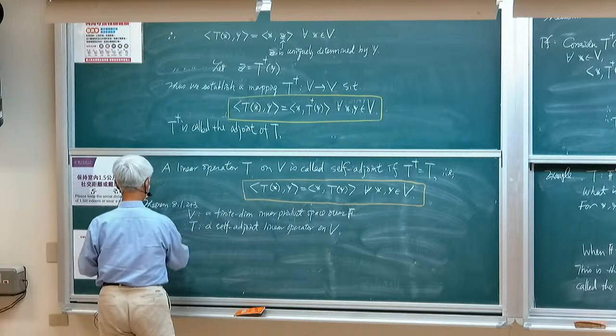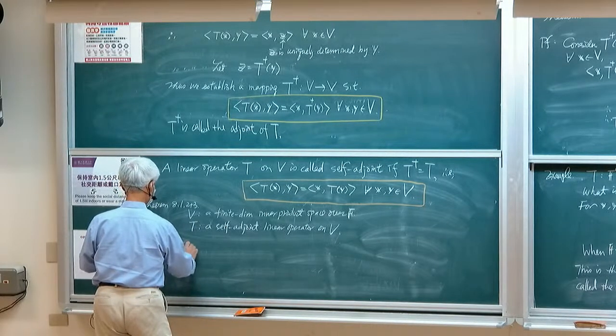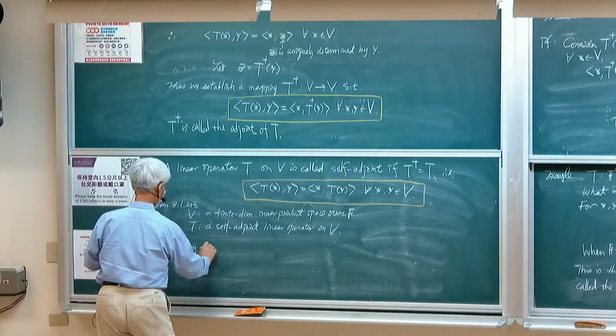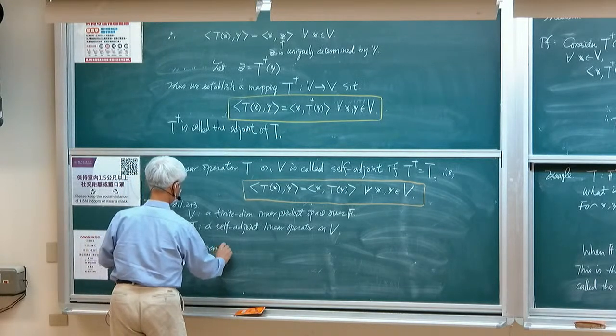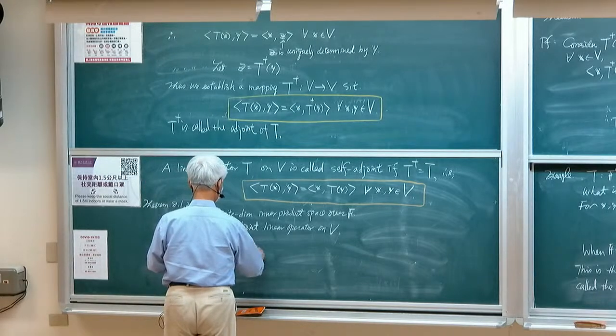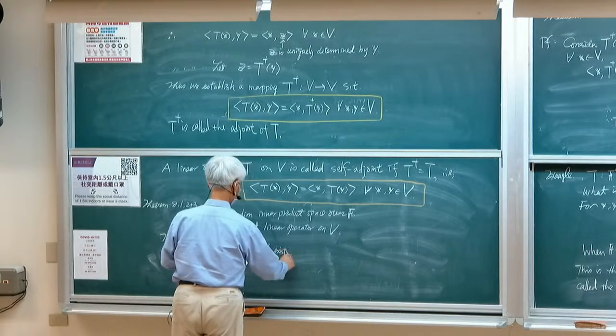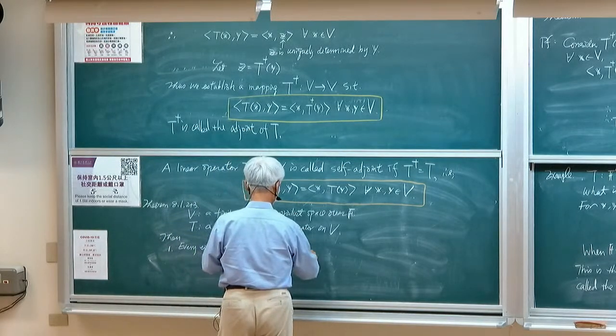Then we have two properties. First, every eigenvalue of T, of course, if it exists, is real.